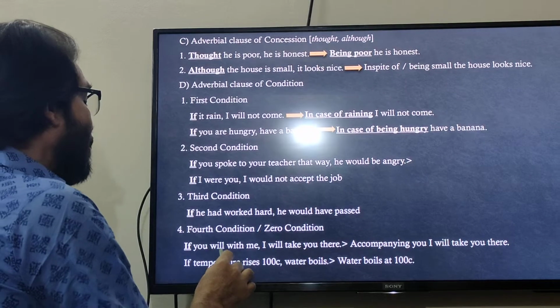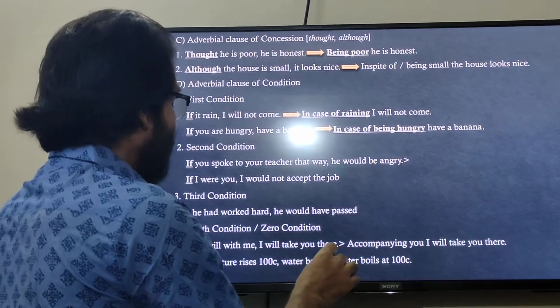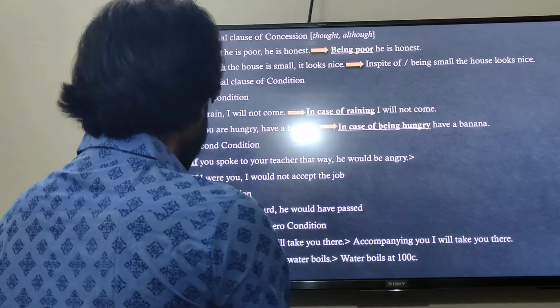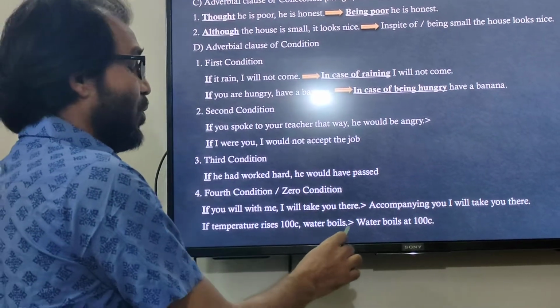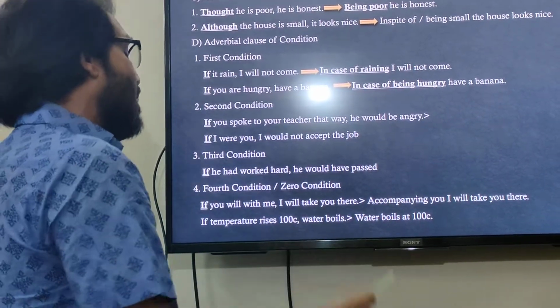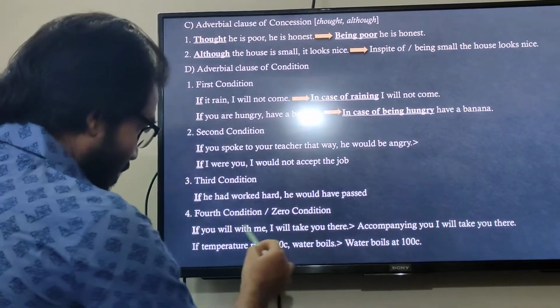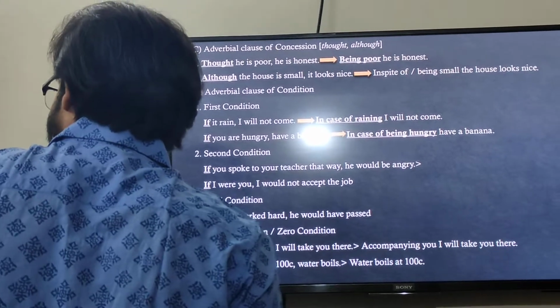If you will be with me, I will take you there. If temperature rises to 100 degrees Celsius, water boils. This is the natural truth or scientific truth. So this type of condition is called the fourth condition or zero condition.